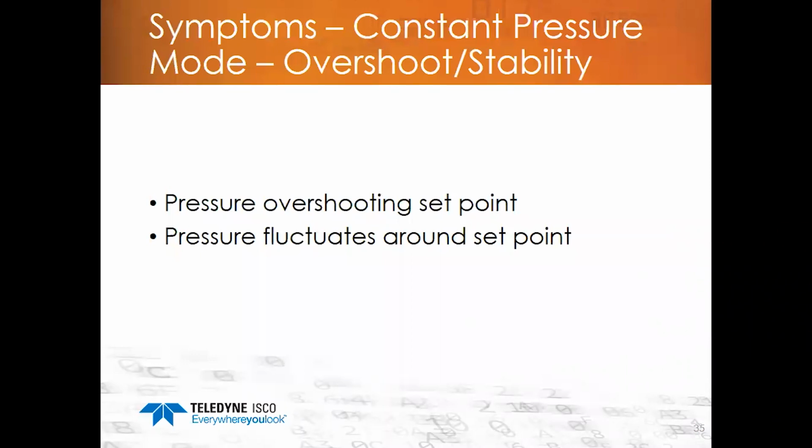The second is pressure fluctuating around a set point. We typically use a PID, pressure integral derivative control, for our pressure set points. And there will be a constant oscillating of pressure around that set point. You may want the pump to reach that pressure point, and then just stop.